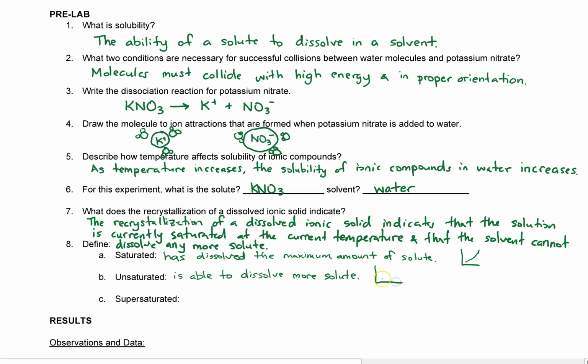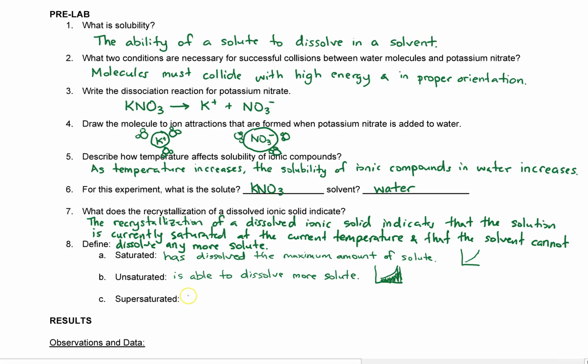So, if this was my solubility curve, again, any point below this line, y'all, the area I'm shading is considered to be unsaturated. And then supersaturated is a solution that has dissolved excess solute because it has been heated.